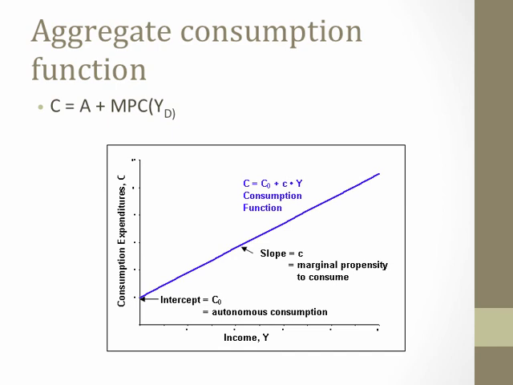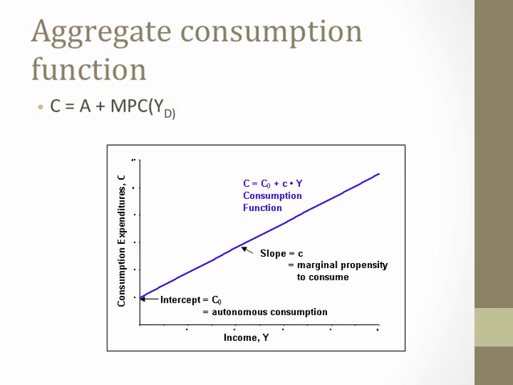So have fun with this one. Your y-axis is C, consumption. Your x-axis is income, or Y. And then you have your intercept. The intercept is going to be at A. It's the point where you're spending money even with no disposable income.